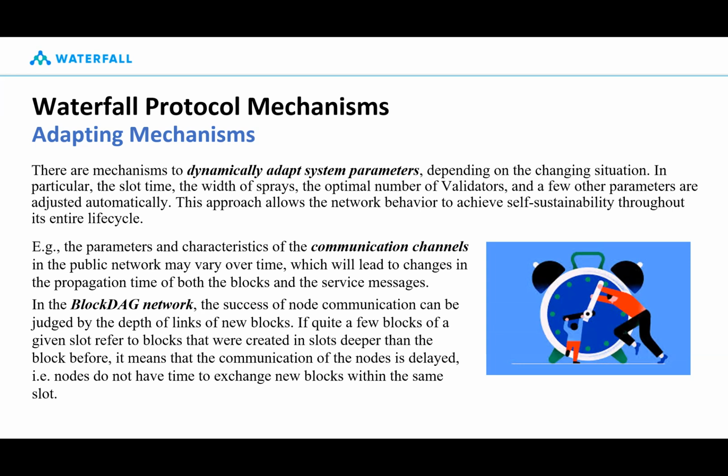Our model allows us to build speed estimates based on algorithms for solving maximum flow problems. This allows us, first, to optimize the slot time of the network, and second, exposes the bottlenecks in the propagation of blocks.